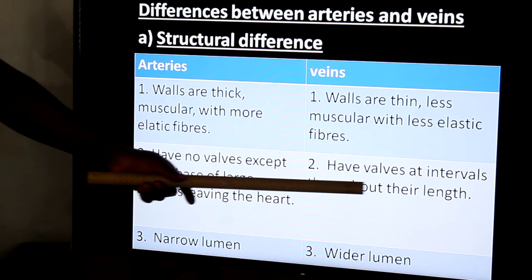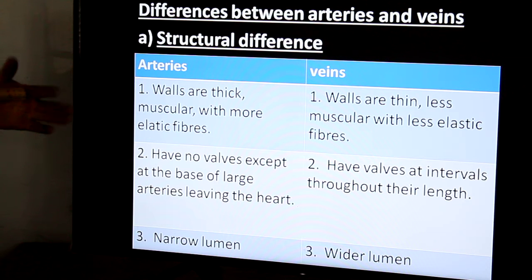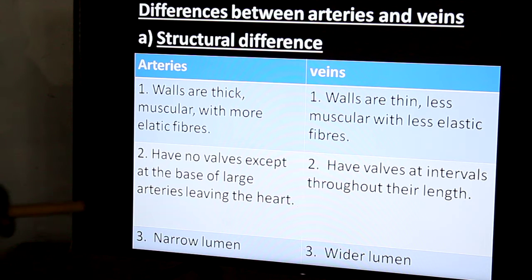But veins have valves at intervals throughout their length, to prevent the backflow of the blood.